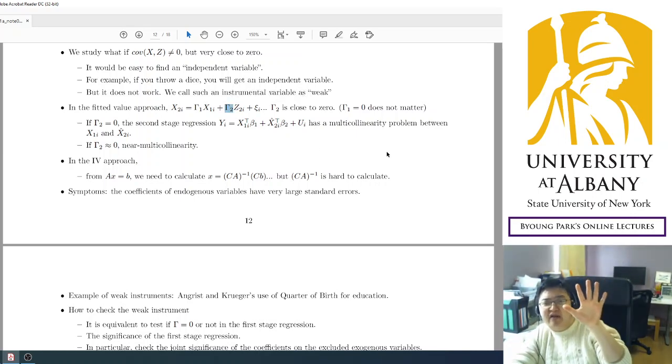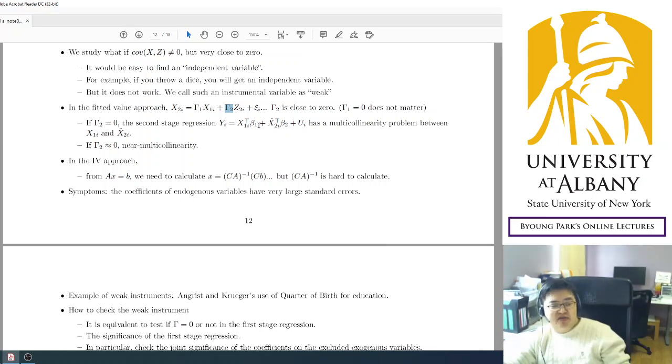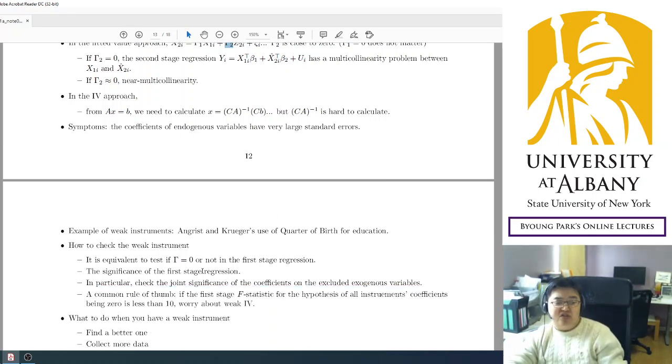There will be 5 coefficients in this regression, and you can do a joint test of the 5 coefficients, the joint hypothesis that all of them are 0 or not. If some of them is not 0, that's enough. So in the most general case, check the joint significance of the coefficients on the excluded instrumental variables, using a joint significance test like the F test.